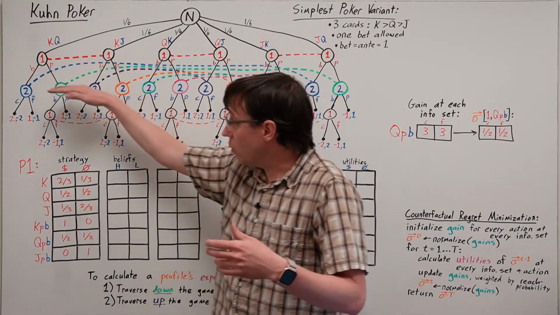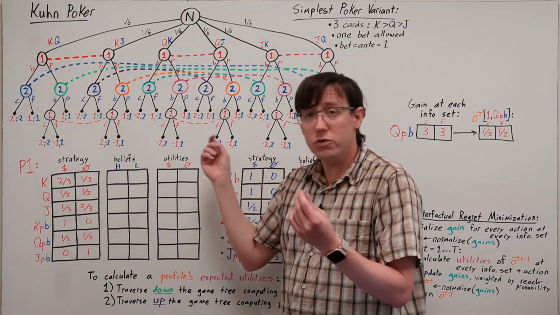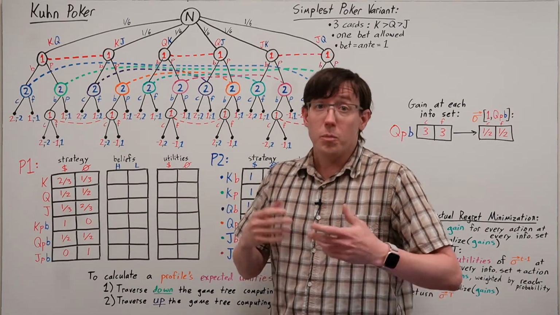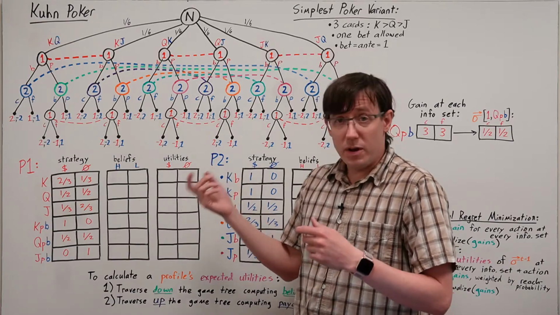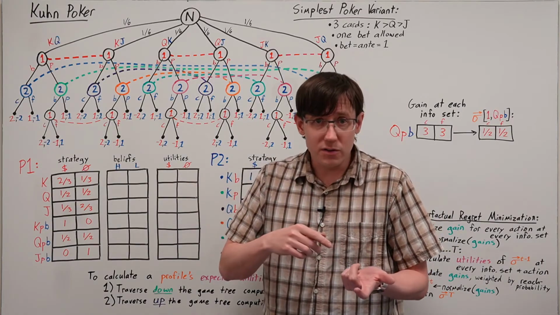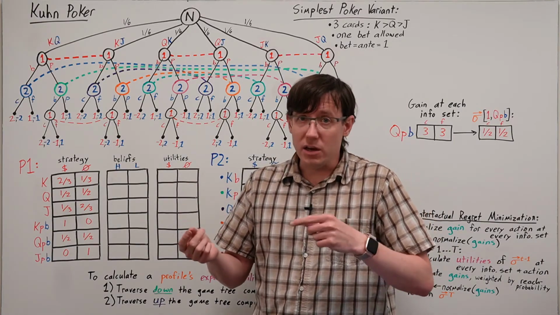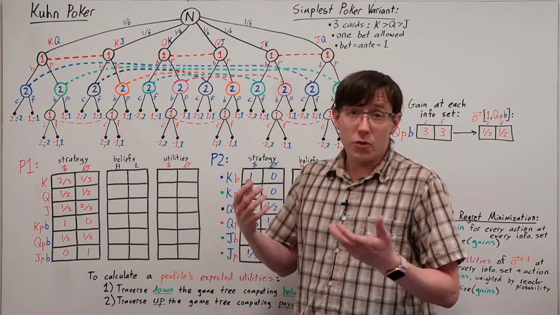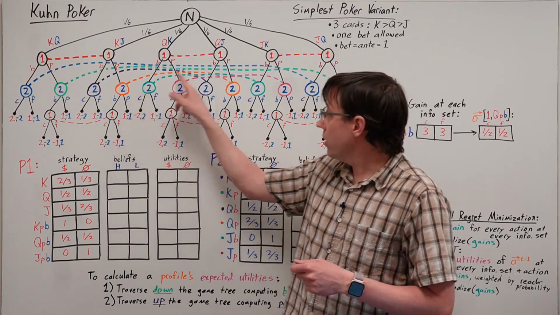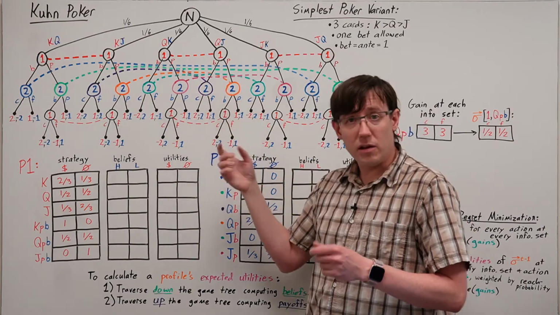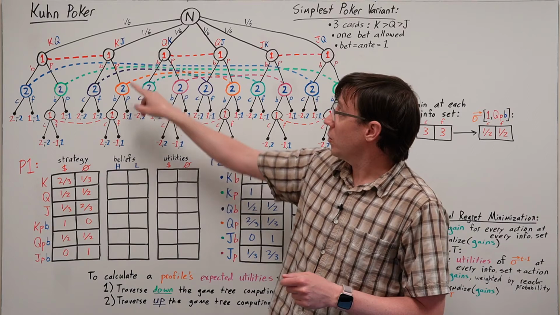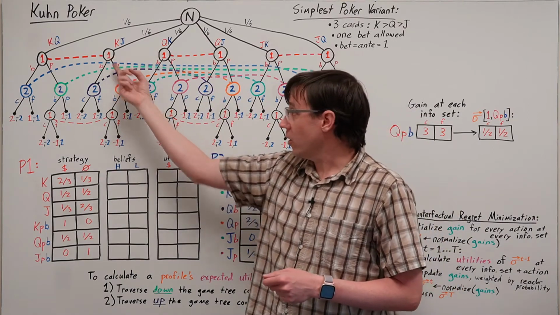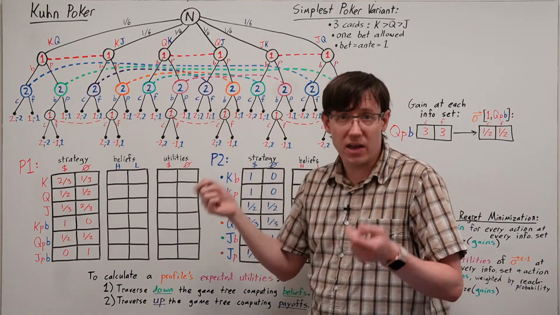Then, after player 1's action, on player 2's turn, there are 6 different information sets. Because player 2 could have been dealt 3 different cards, and they could have seen 2 different actions by player 1. So for example, this orange information set contains both of the nodes where player 2 was dealt a jack and then saw player 1 play the action pass.